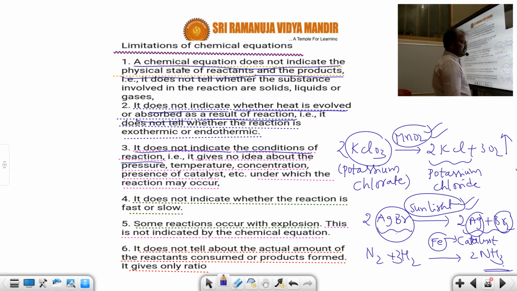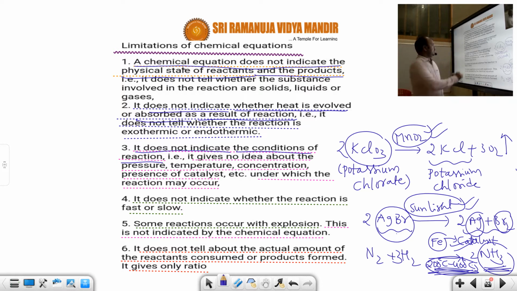And here temperature is required: 200 degrees Celsius to 400 degrees Celsius. With the iron catalyst, more of the product ammonia gas is released. Otherwise this reaction does not occur.